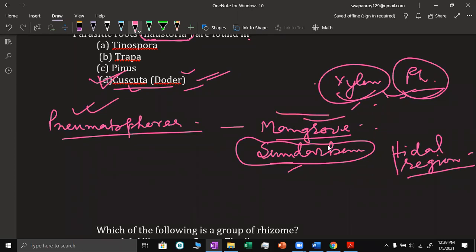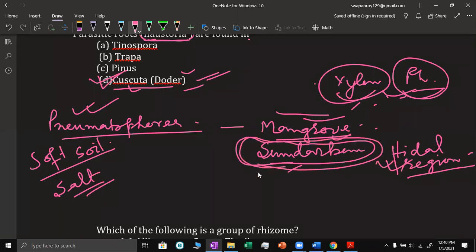In the mangrove, as they grow in very soft soil, due to always presence of water, they have high salt condition also there. So these plants growing in the coastal region or in the tidal zones or in Sundarbans like areas, they have modification in these plants.